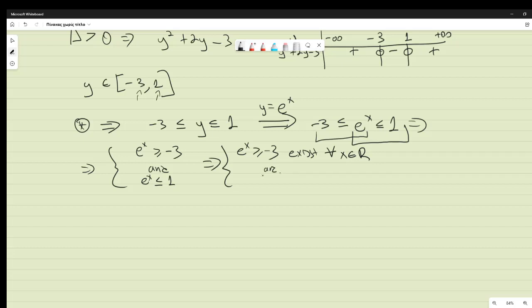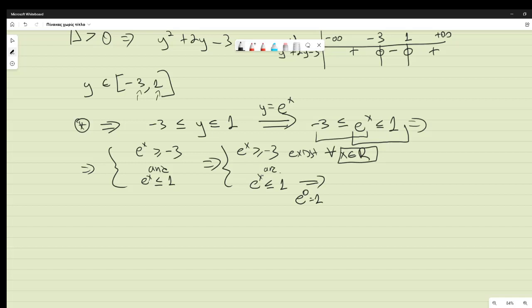So we keep this, and then e to the power of x is smaller or equal to 1, and we know that e to the power of 0 is equal to 1.